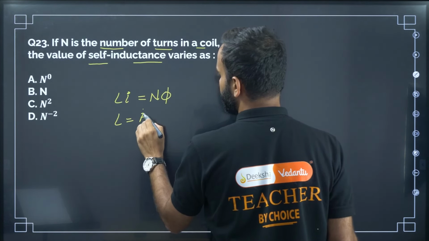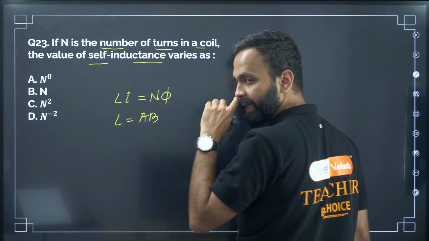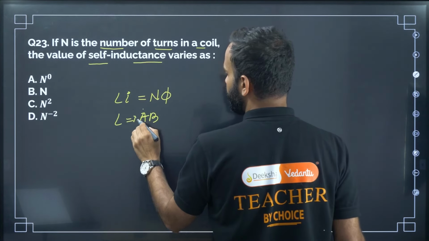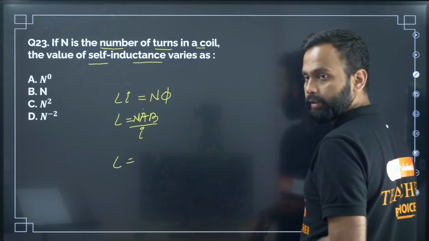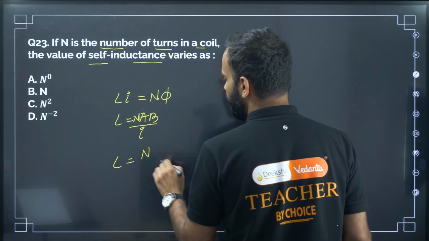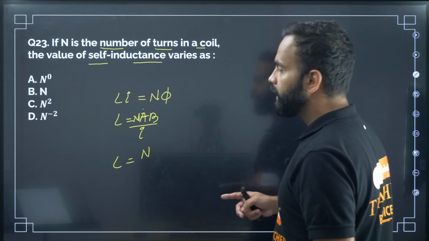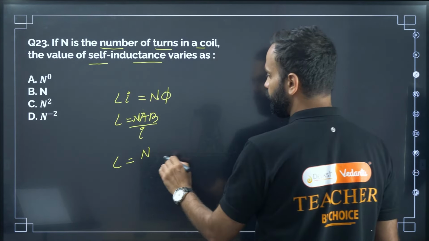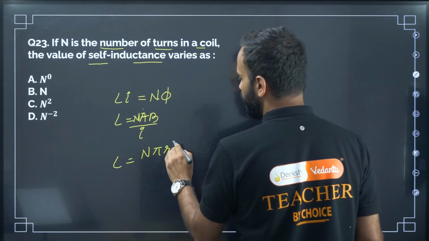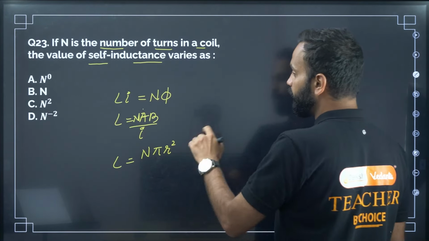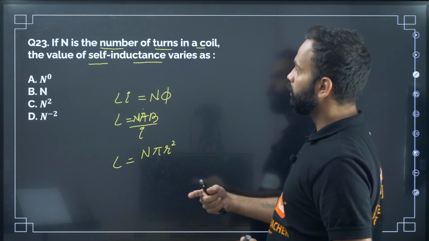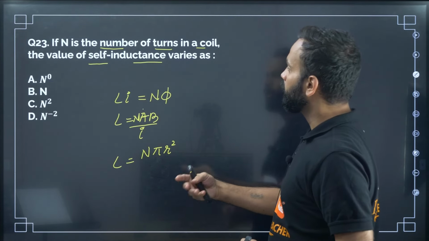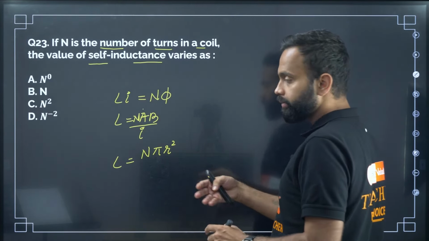So now L equal to, phi is A into B. Phi is A into B into N divided by I. So now L equal to N into area of the coil, that will be pi into R square, into B. B is magnetic field due to the coil, or the solenoid.